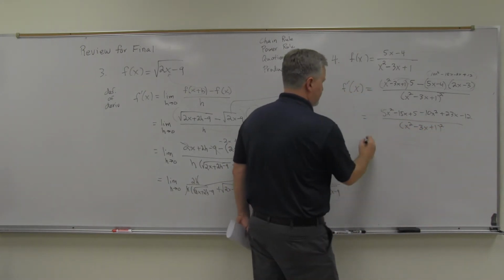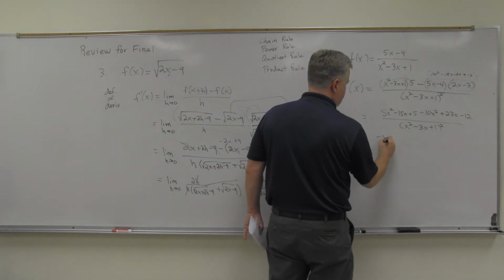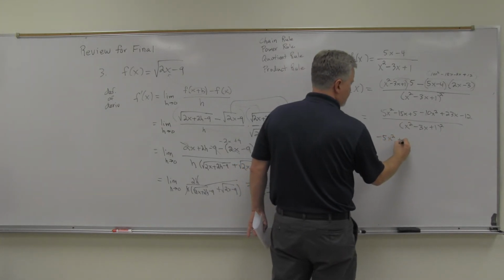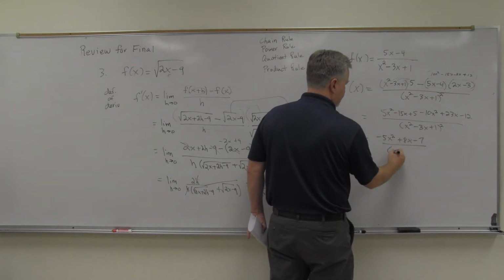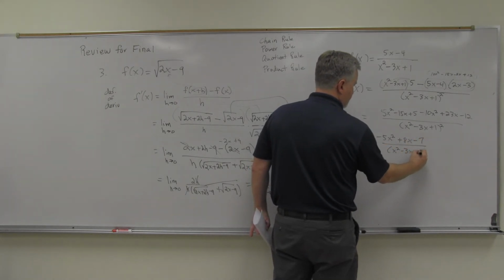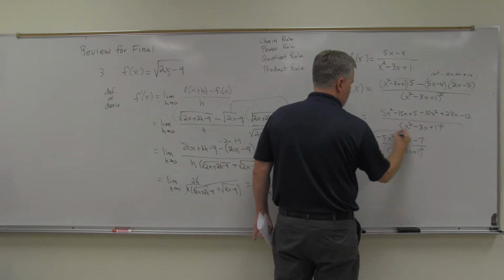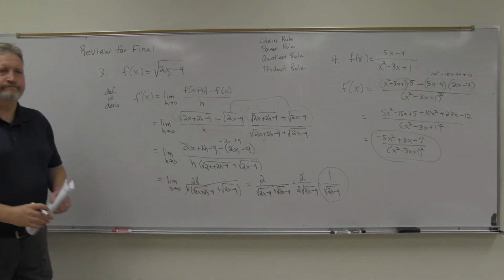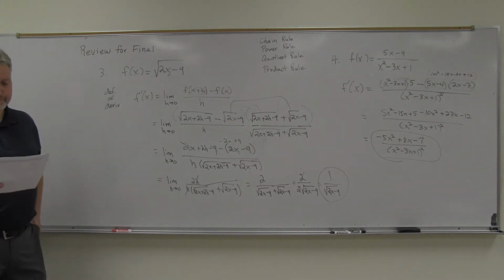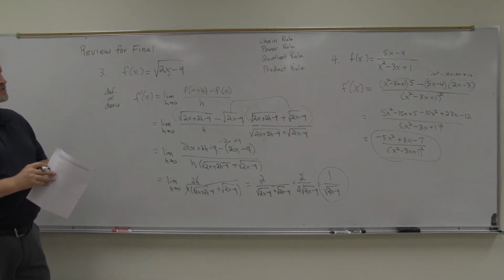Over the low squared, and then combine the like terms, so it'll be minus 5x squared plus 8x minus 7. Did I get that right? So okay? Good? All right. Any questions on that one?